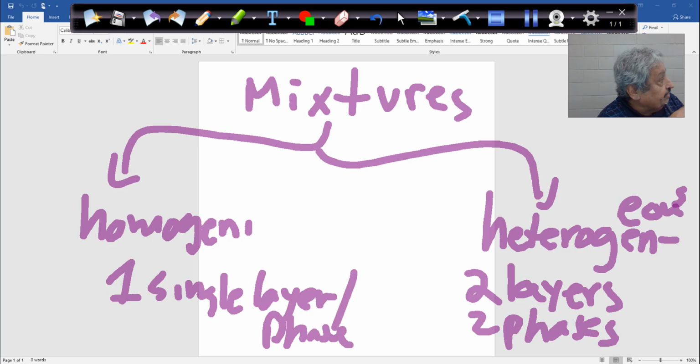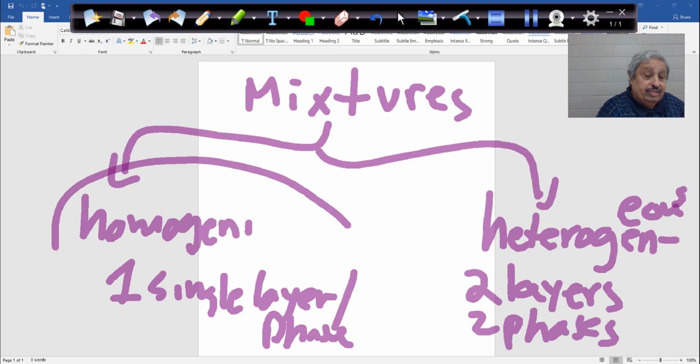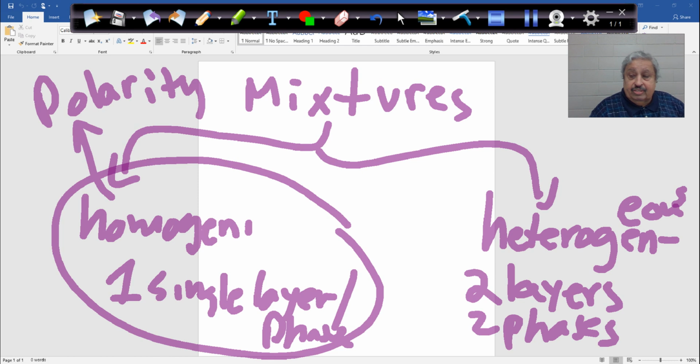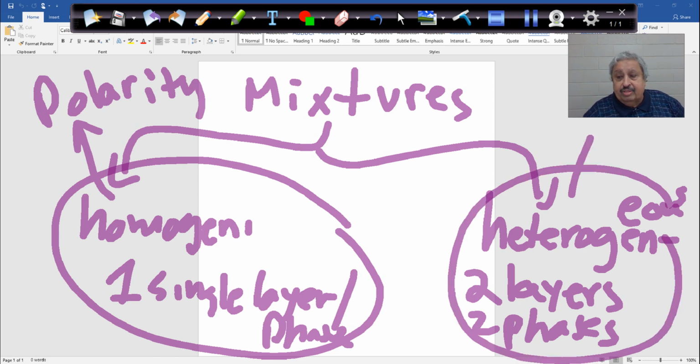If it's not fixed throughout, you will see two layers or more depending on how many pure substances you have. And as you will see later on, this one has to do with the polarity of the solutions. So it will depend on the polarity of the solutions.